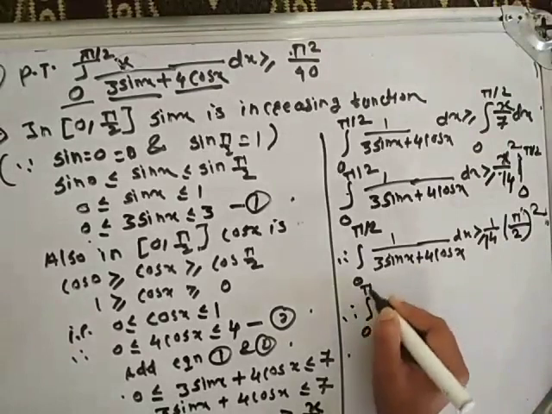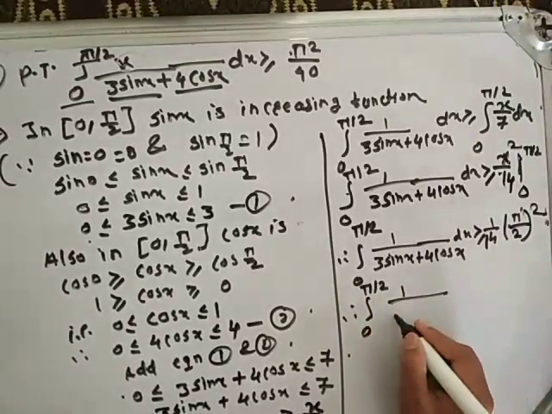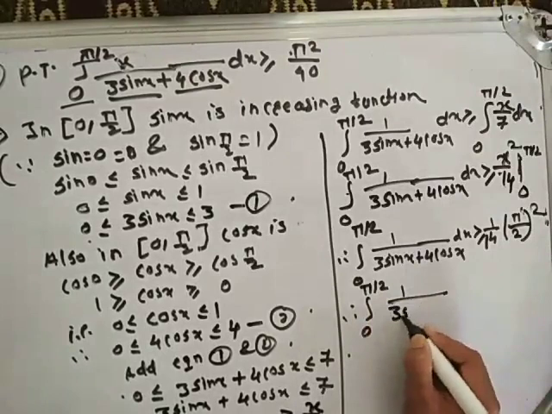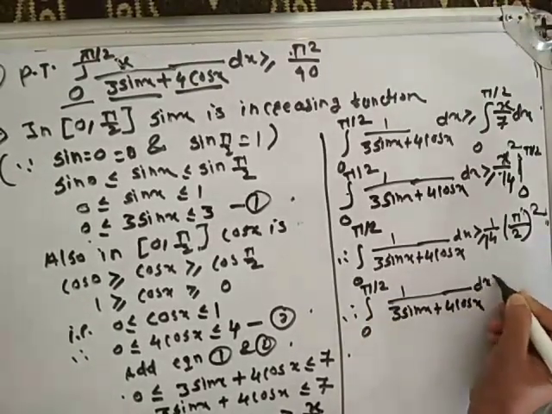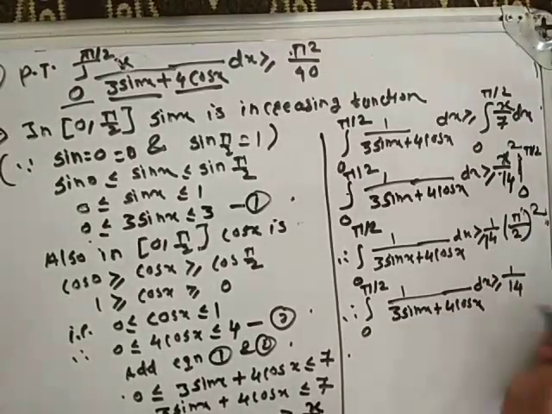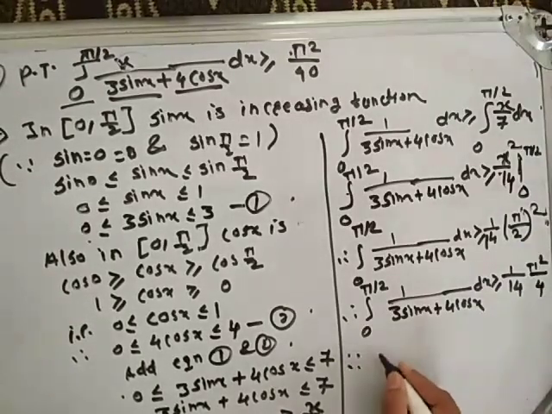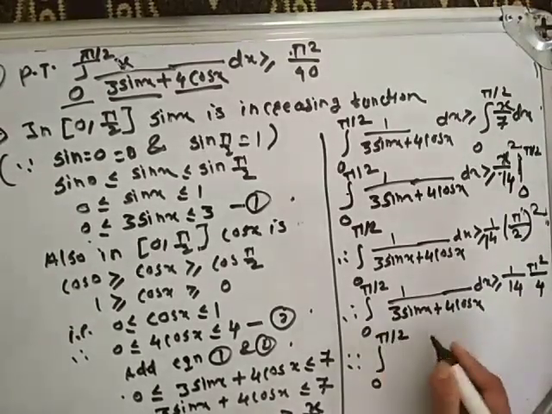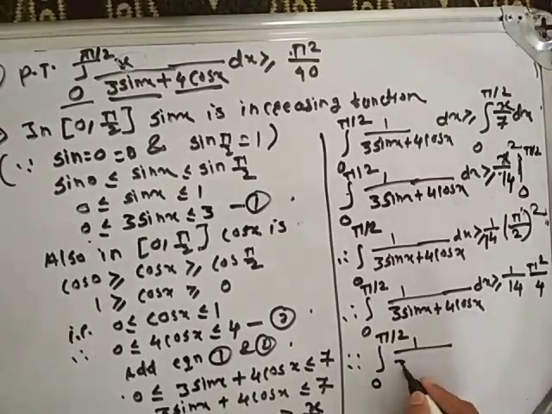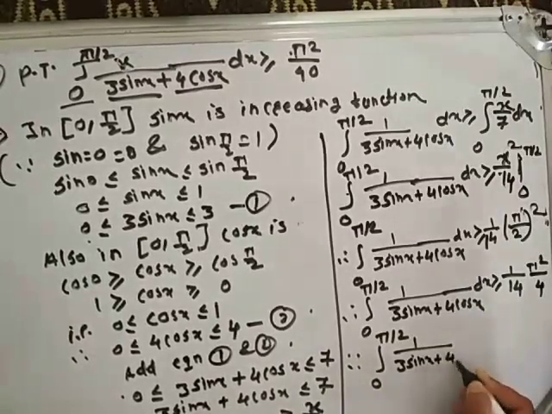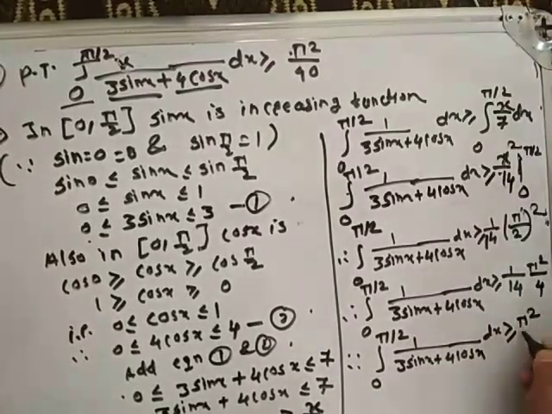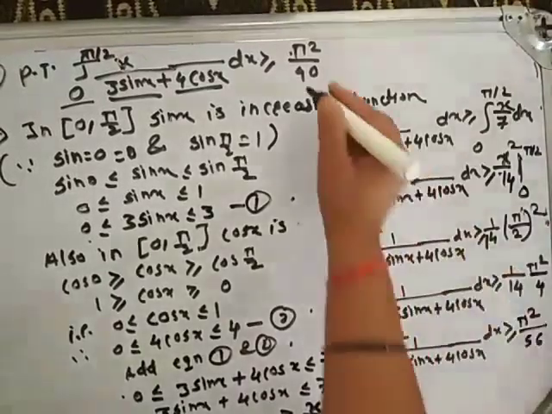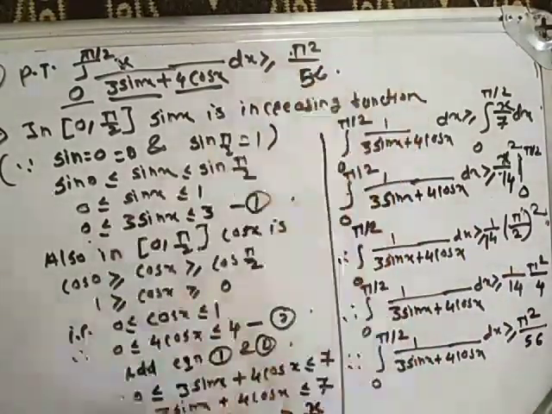Therefore the integral is greater than or equal to 1 by 14 into pi square upon 4, which is pi square upon 56.